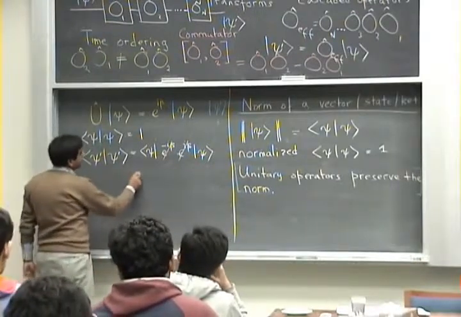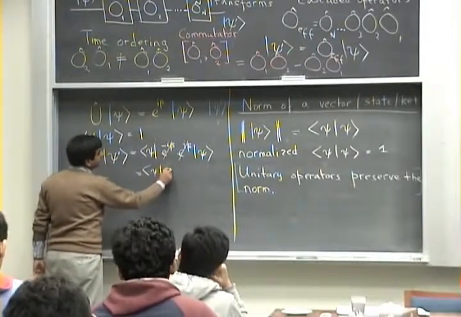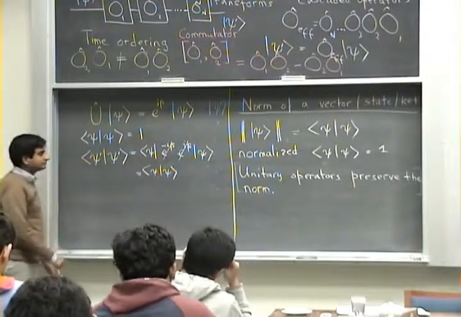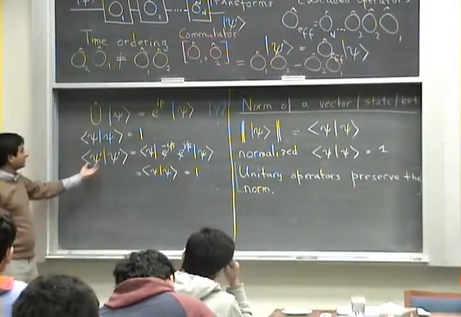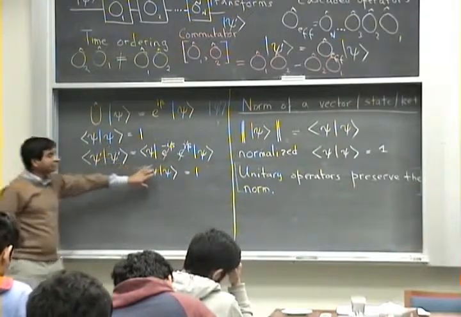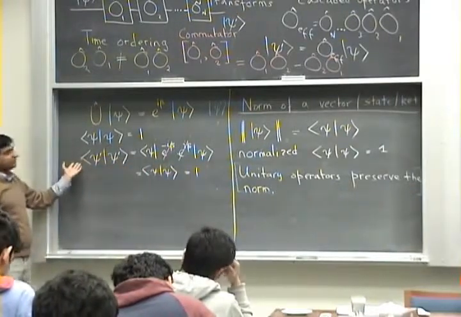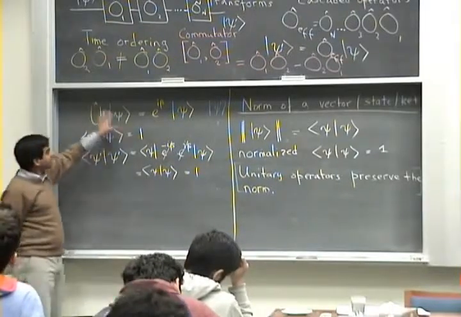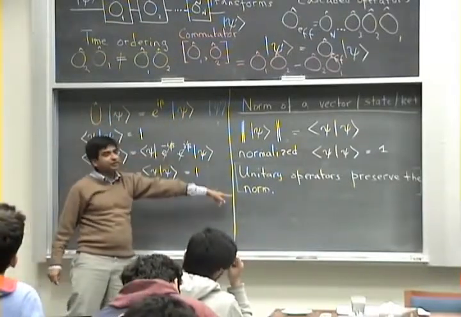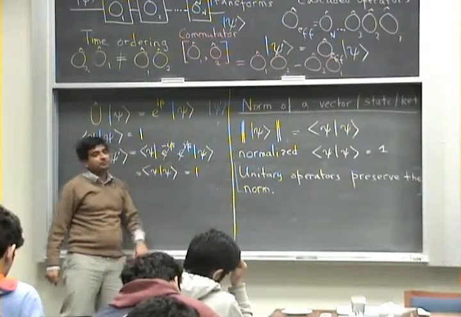So I get the inner product of psi with psi, and this of course is equal to 1. Whatever the initial norm was, the norm of the final state is unchanged. So an operator which obeys this relationship is a unitary operator because it preserves the norm.